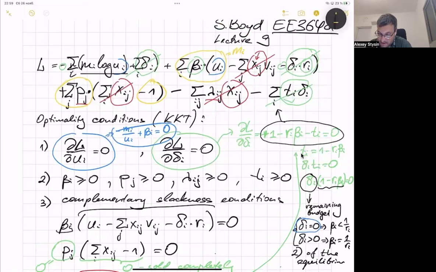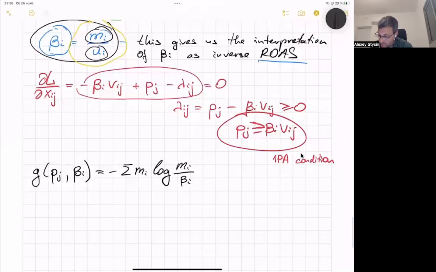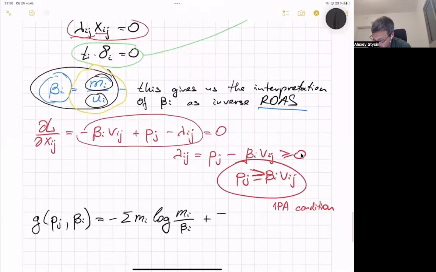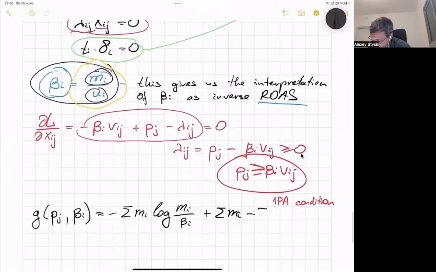This is going to be the sum of all prices with a minus sign, and ui will be replaced by mi over beta i. Okay, so I think now it's good. We have this, plus sum over mi's and minus sum over j pj. And now this is to be minimized.